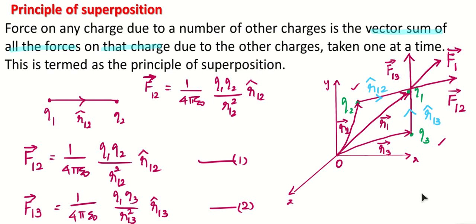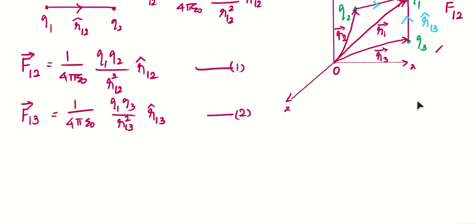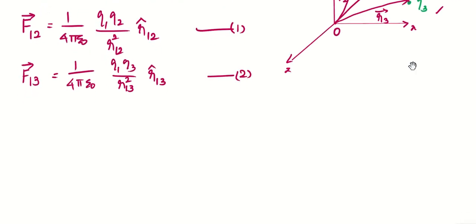இப்போ according to superposition principle, the total force acting on charge 1, F1, can be written as the vector sum of forces acting on charge 1. So what are the forces acting on charge 1? F12, F13. So இரண்டு equation 1 and 2 la irukku.